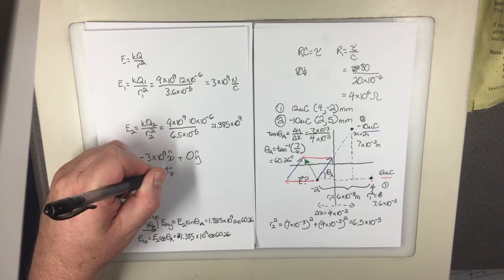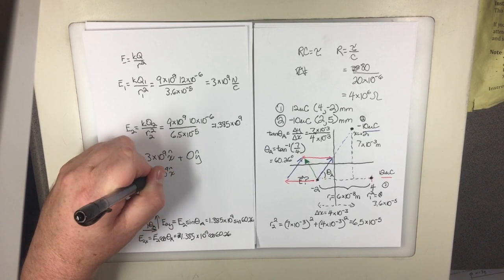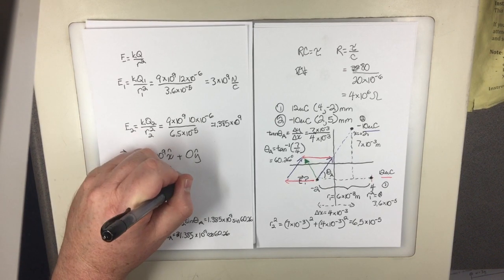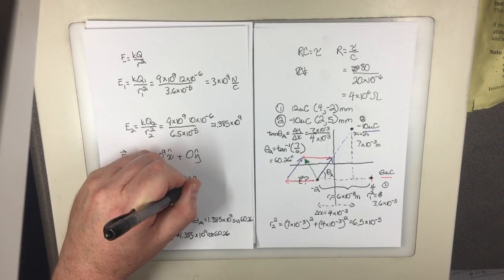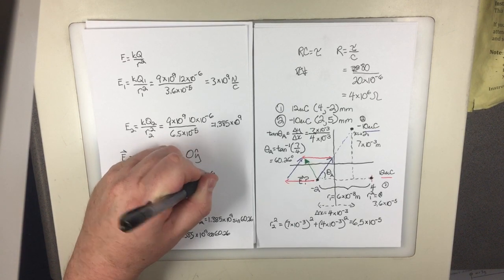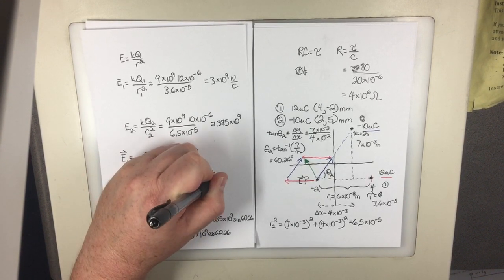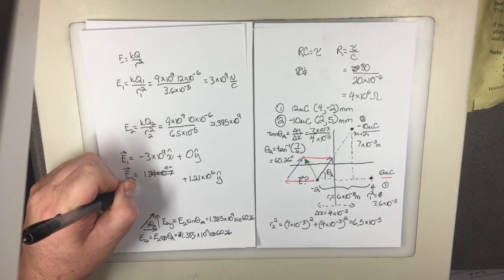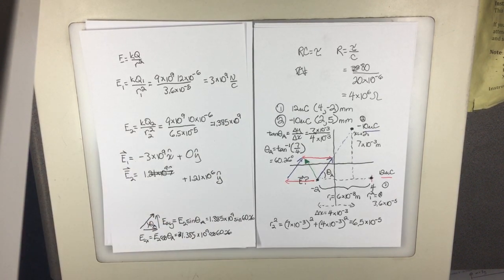Ooh, wait, did I do? No, that's cosine. 1.21 times 10 to the 9th y hat. Now, I've got to use cosine for x.